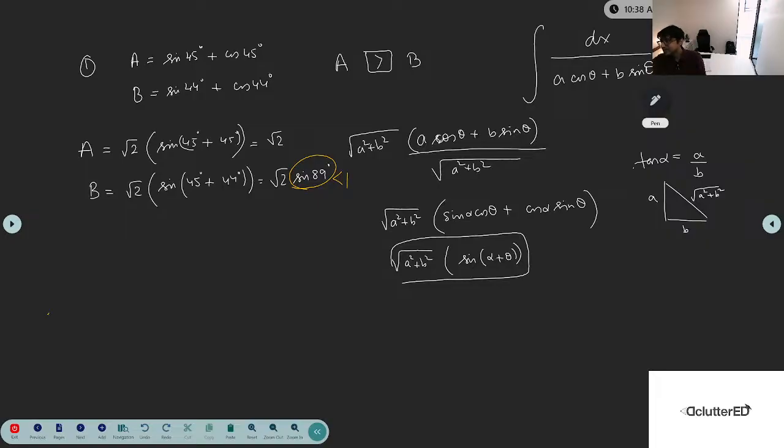Hence, we can say A is greater than B. It was a fairly simple question. The idea to do this, we get it if we practice more questions based on the similar approach.